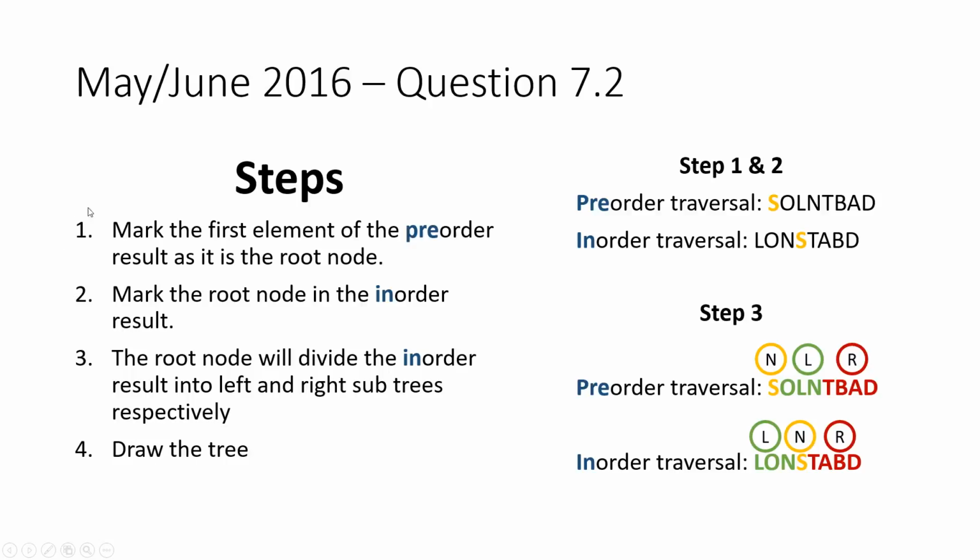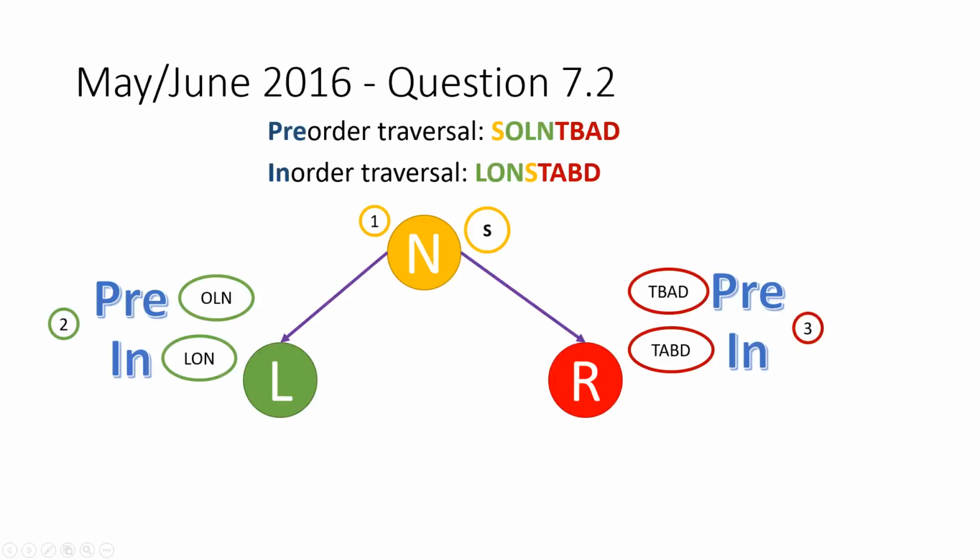And then we continue to repeat these steps until we've tackled all of these letters, all these characters of the string. Okay? So the next step was to first identify the root node. Okay, that's what we had in our previous step. So we've done that. We've identified it as S. So I've marked it as S. So that was the first one.